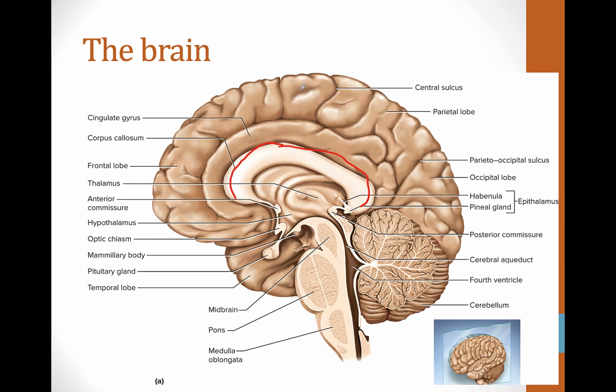Typically the gray matter looks a little darker, and the white matter looks a little lighter. The difference between the white matter and the gray matter is the same as in the spinal cord. If it's white, it means it has myelin, and gray means there's no myelin.